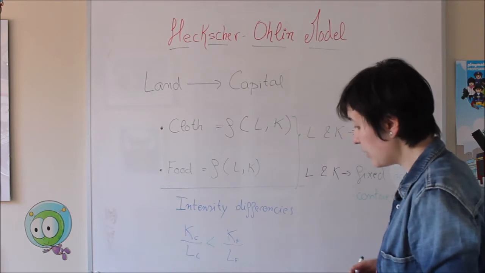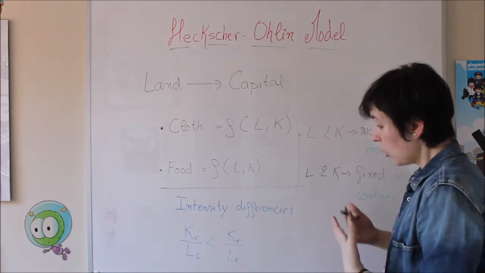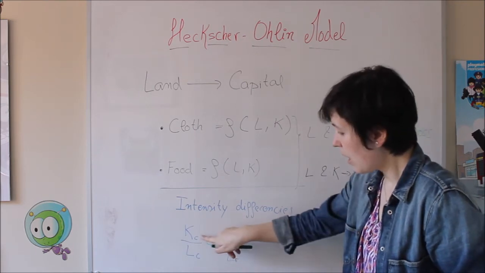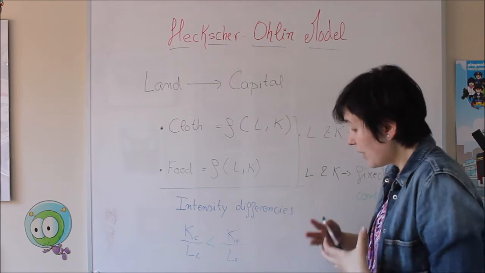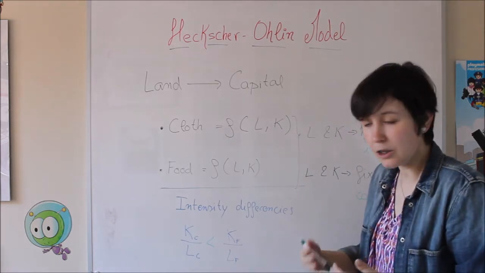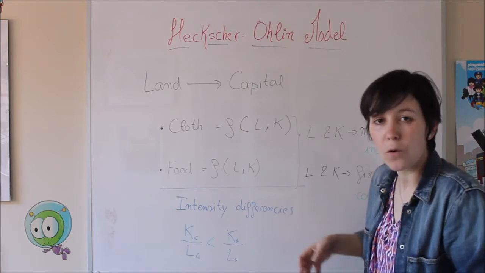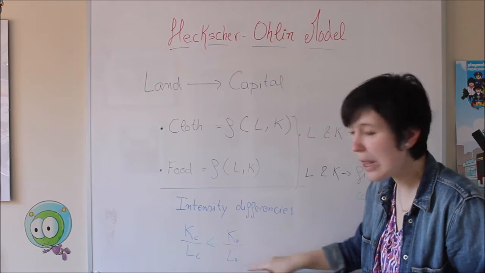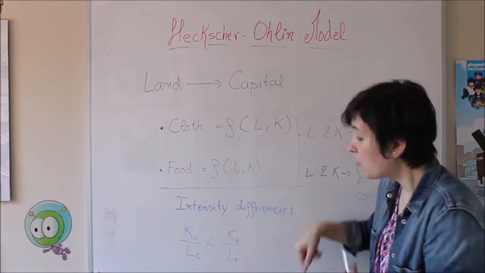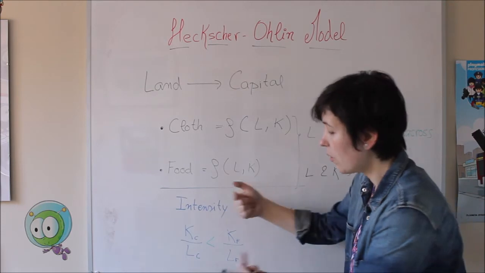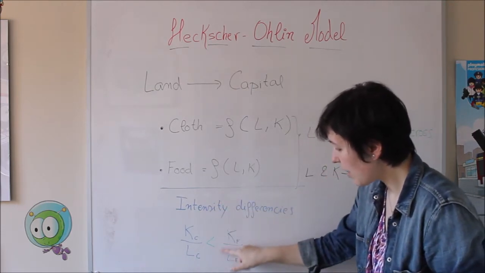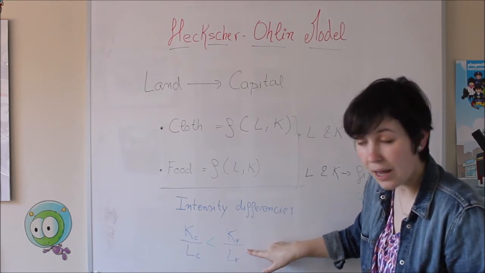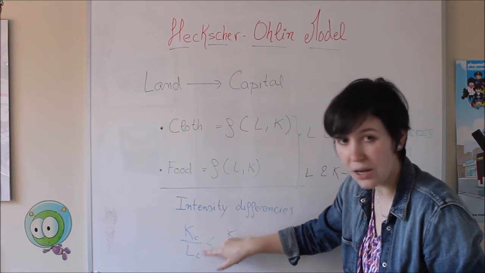In this case, for instance, we are going to observe that globally the food industry, so I'm using F for food and C for clothes, the food industry is more capital intense, because if we gather the whole capital that we normally use in that industry over the whole labor that we use in that industry, relative to the other industry, we observe that the amount of capital per worker is higher in the food industry than in the clothes industry.